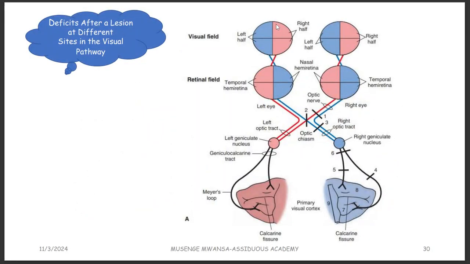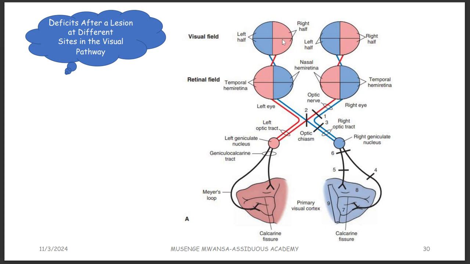All right. So we can see that for the left, we are taking this as the left visual field. It has got the right half and the left half. So we can simply say the left visual field has this part that is medial, the nasal, right?